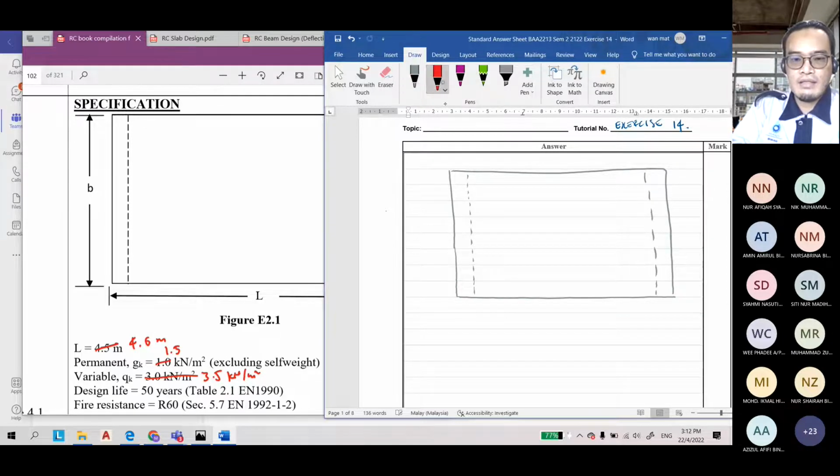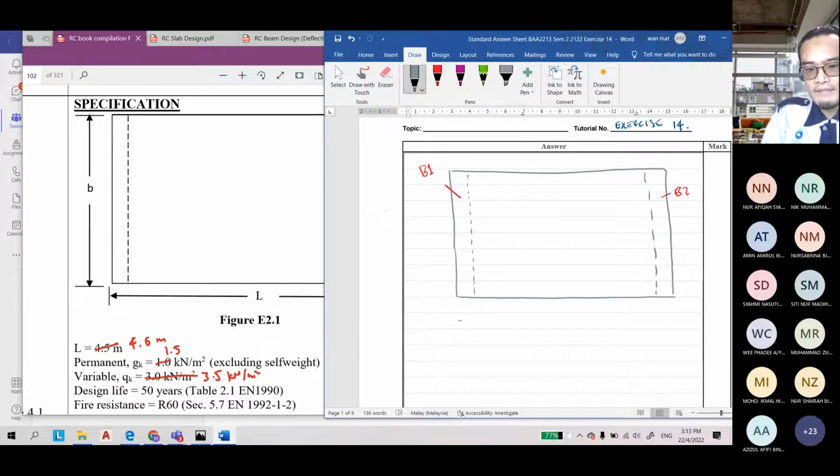Let's say this is beam 1, and this is beam 2. And then the L is here, L is equal to 4.0 meter.